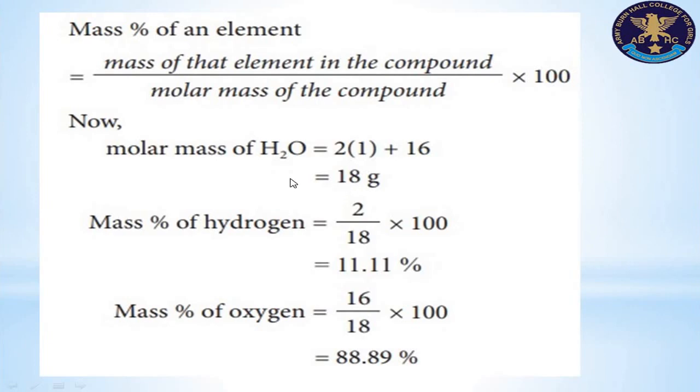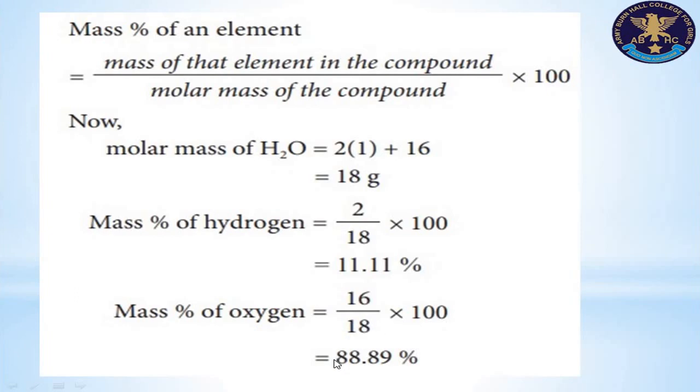In step 2, you have to calculate the mass percent of hydrogen, which is equal to 2 divided by 18 multiplied by 100. And that value will be equal to 11.11%. Next we have to calculate the mass percent of oxygen, which is equal to 16, the mass of oxygen in the water, divided by 18, the molar mass of the water, multiplied by 100.